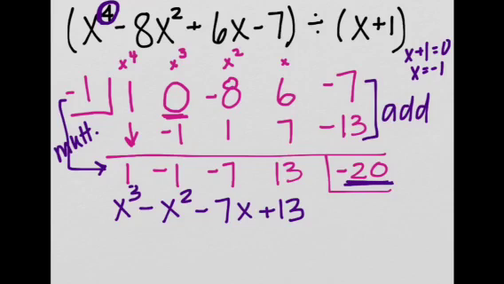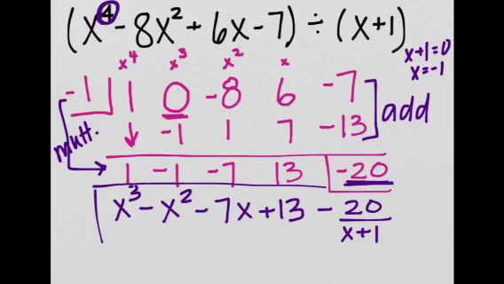My remainder is going to be part of my divisor. So the way I write that into my final answer is, I'm going to say minus 20 over my divisor, which is x plus 1. So my final answer is x cubed minus x squared minus 7x plus 13 minus 20 over x plus 1.